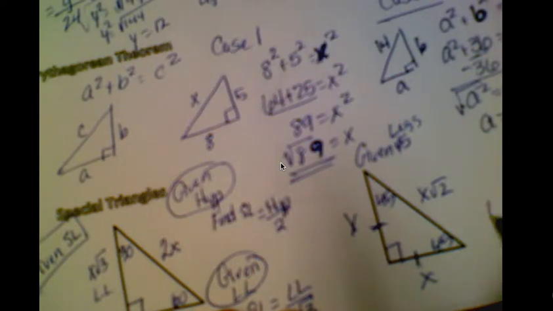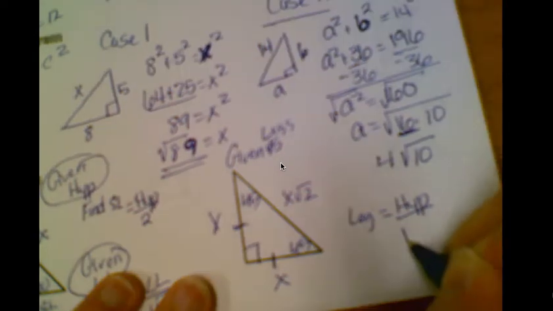So my leg is equal to the hypotenuse divided by square root of 2.